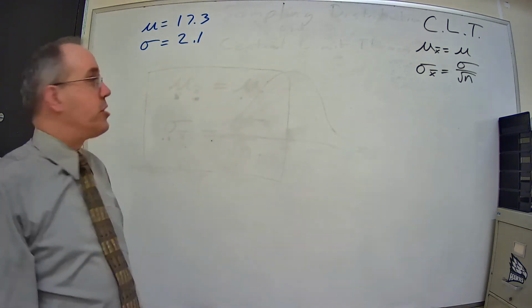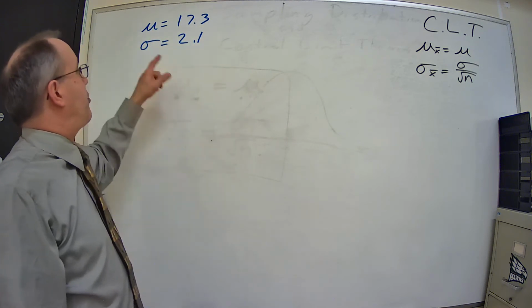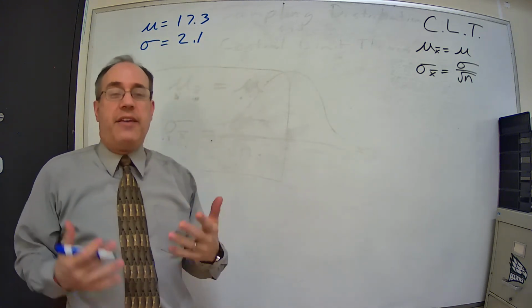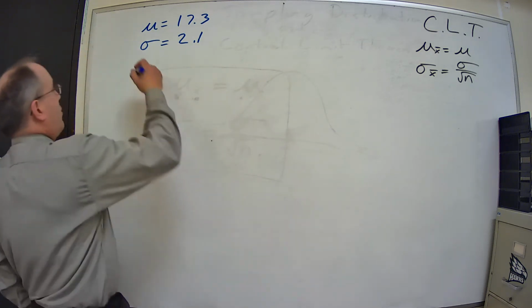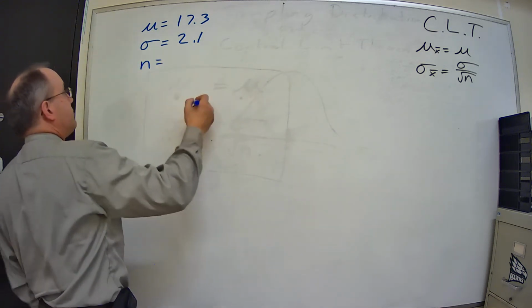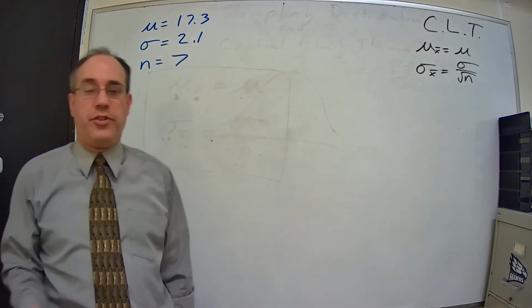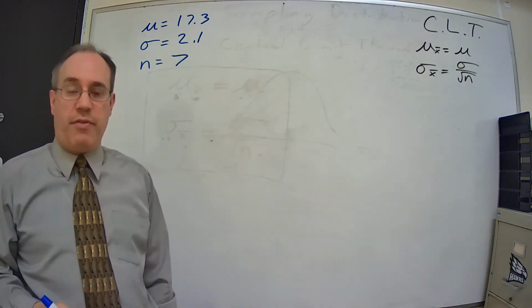So we've got a normal distribution with a mean of 17.3 and a standard deviation of 2.1. And I want to take a sample of 7 items from this distribution, so a sample size of 7.